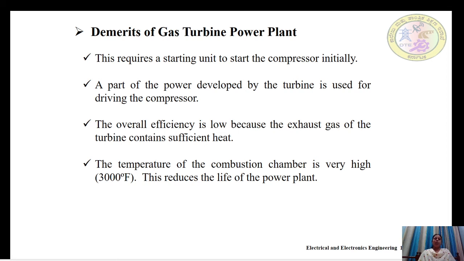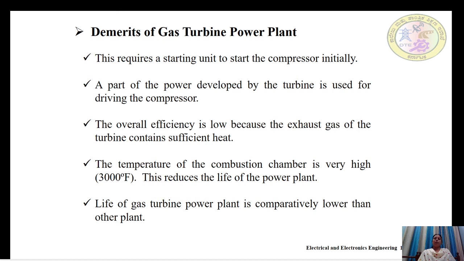So because of this high temperature, it reduces the life of the power plant. The life of the gas turbine power plant is comparatively lower than the other power plants.